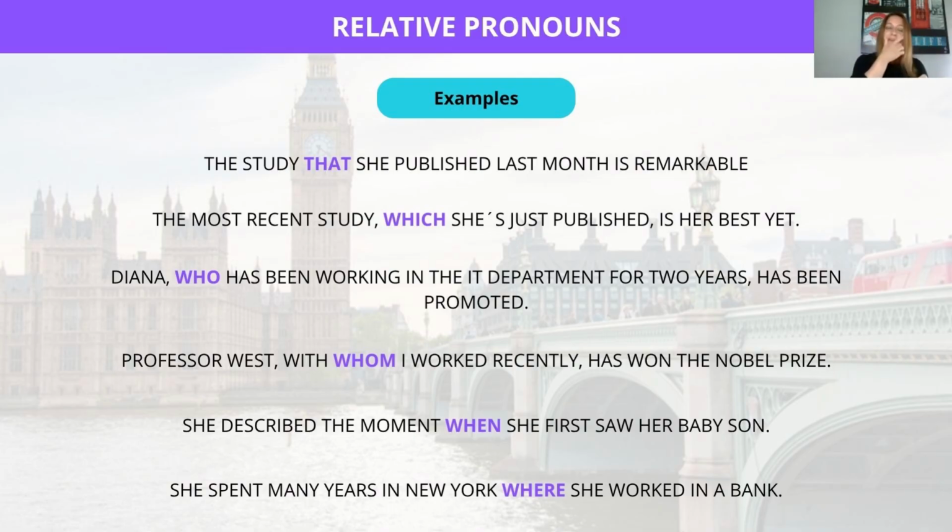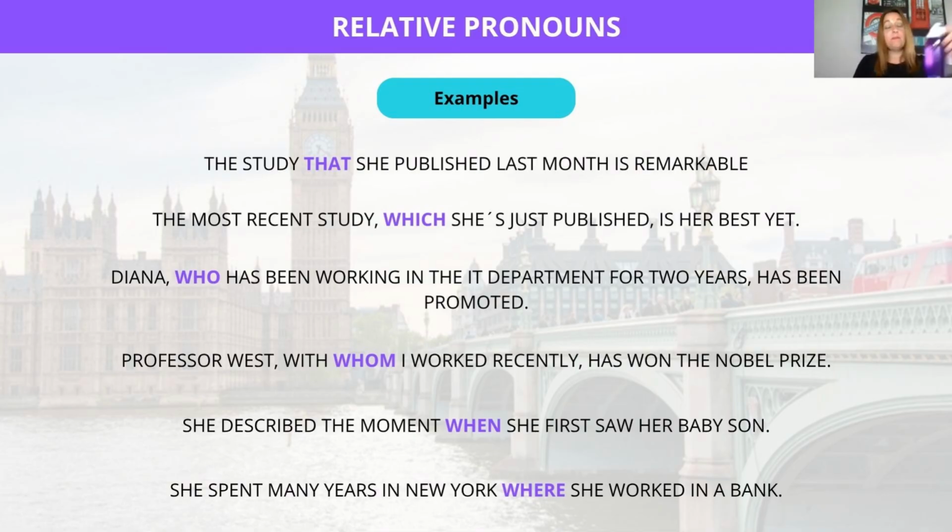Just remember that. Okay, number 3. Diana, who has been working in the IT department for 2 years, has been promoted. So, one more time, a question for you to think about. Which is the main sentence? Where is the full message? Yes, Diana has been promoted. So is this a defining or a non-defining relative clause? Yes, it's a non-defining relative clause.